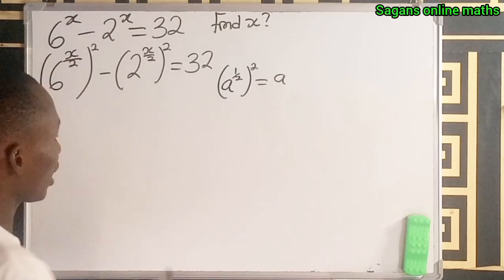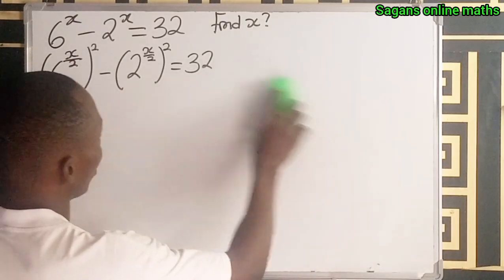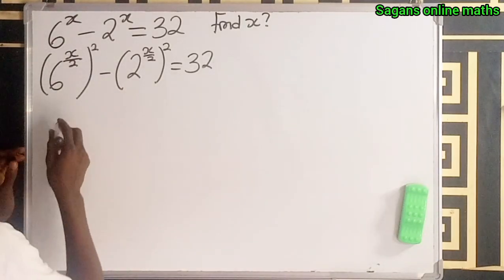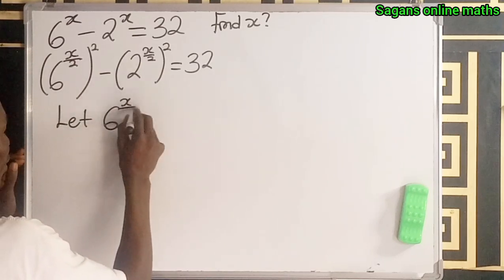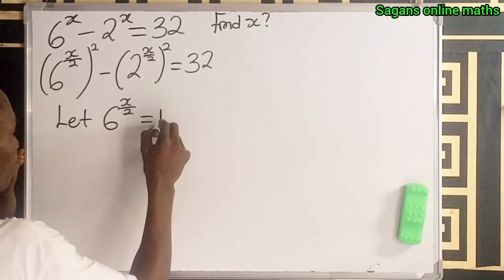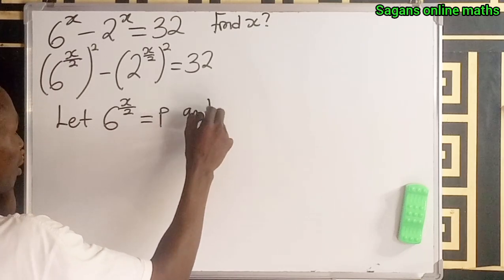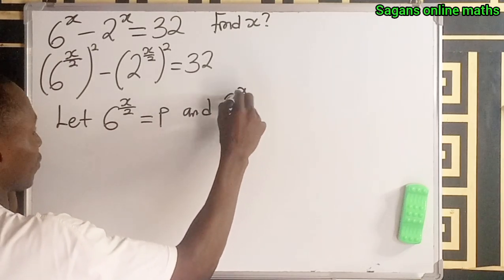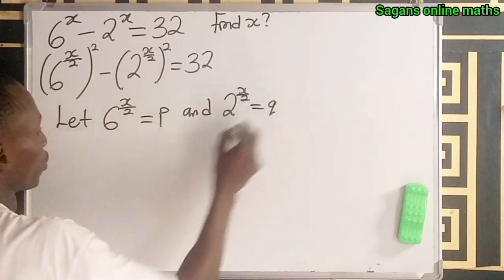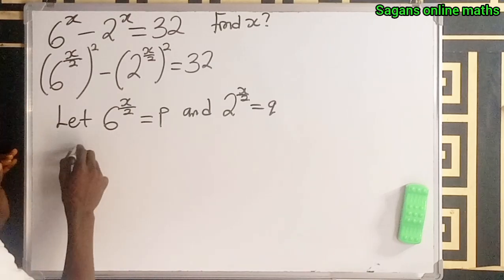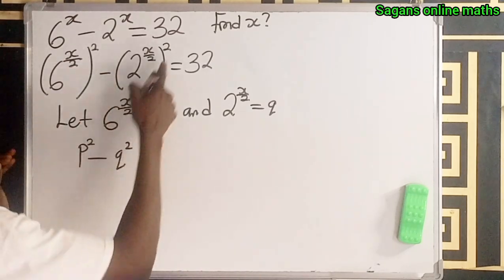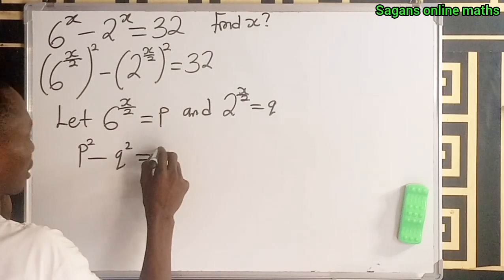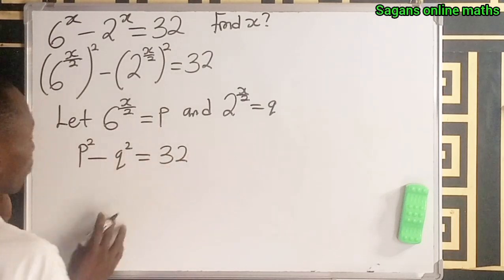Now what are we going to do here? If I say let 6 to the power of x divided by 2 equals p, and 2 to the power of x divided by 2 equals q. So note that this is p squared, because I'm having a square here, minus q squared, because I'm having a square here, equals 32.